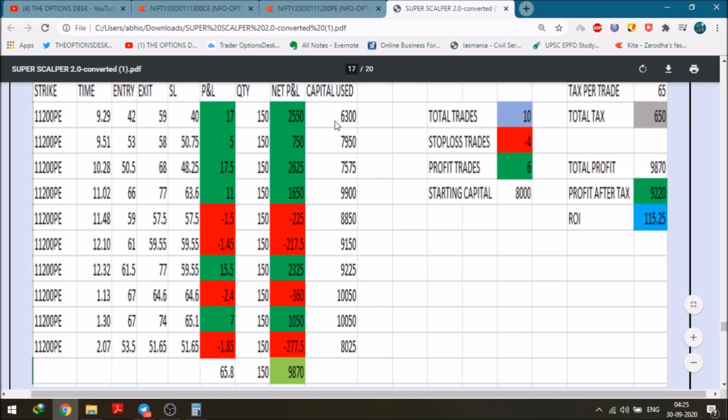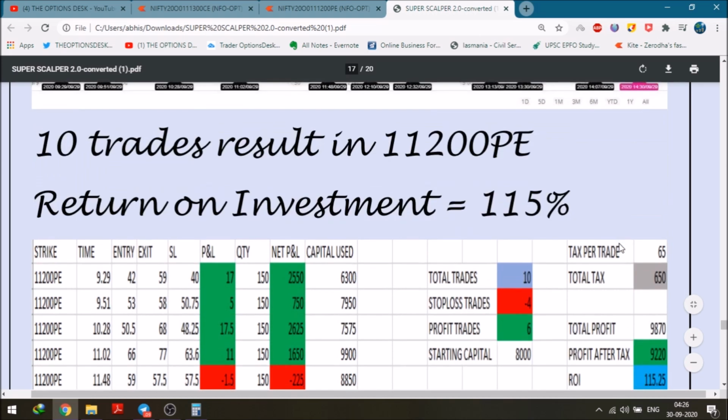Because I have been earning profit continuously. 8,000 plus 2,500, 10,500 plus 7,500, 11,100, 13,000, 15,000. My capital is 15,000 by now. See the losses: 225, 217, 360, 227, 9870. After tax was 650 rupees. The ROI is 115%. It is more than 100% ROI.